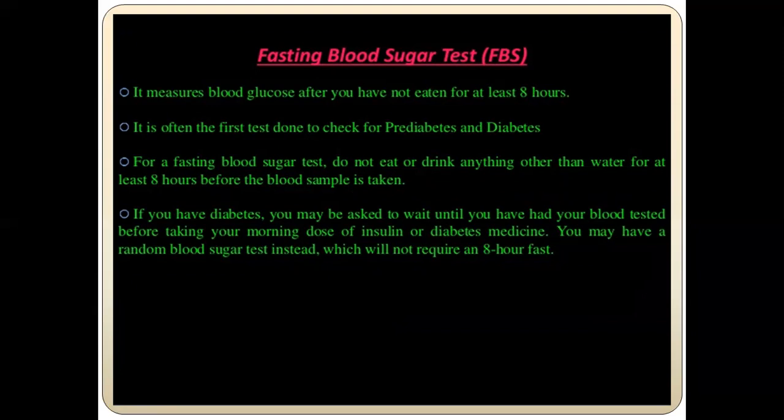Because we know that our normal blood glucose concentration should be 80 to 120 mg per 100 ml. Okay, per 100 ml of blood should be 80 to 120 mg blood glucose concentration. Okay, so the first test is normal.